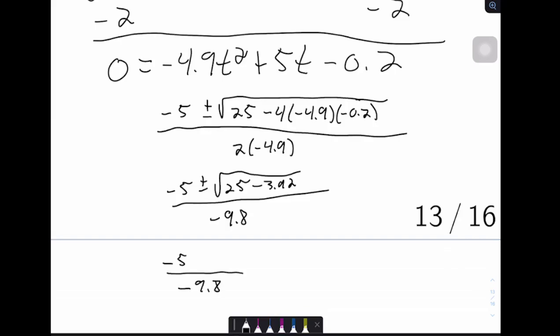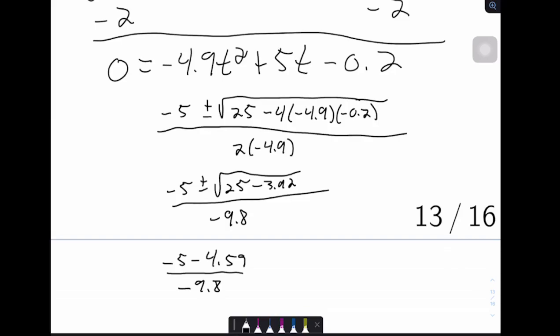So I want the first one, so that's going to be, well, let's do them both. Okay, we get a 4.59, so then negative 5 minus 4.59.